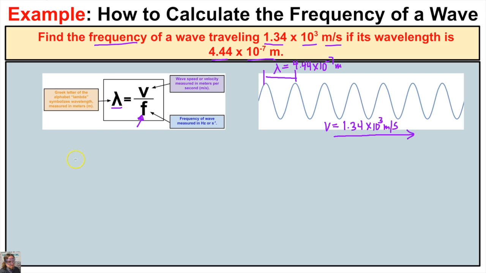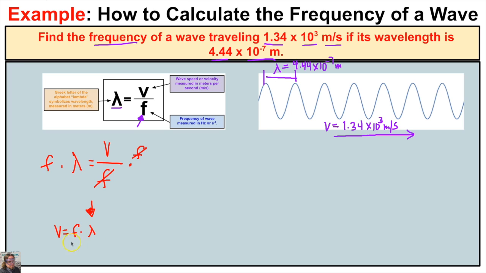We know that wavelength, or lambda, equals velocity over frequency. In this problem, we want to solve for frequency. We want to get f all by itself on one side of the equal sign. The first thing we need to do is get rid of this fraction, so let's multiply both sides by f. If we multiply both sides by f, f now cancels, and we end up with velocity equaling frequency times wavelength.